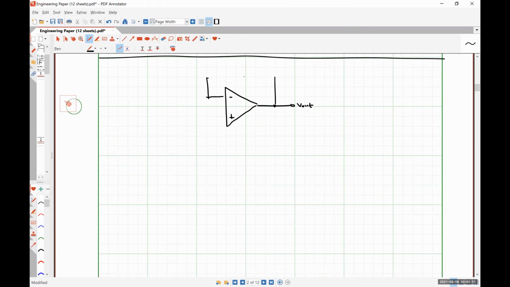We have a capacitor in the feedback loop, ground our non-inverting input terminal.